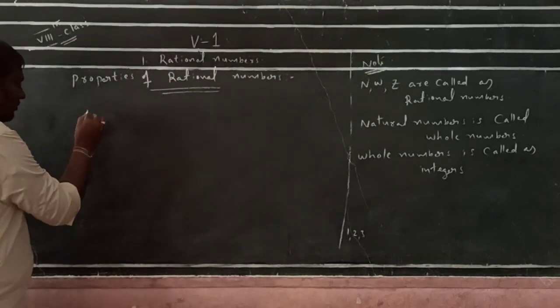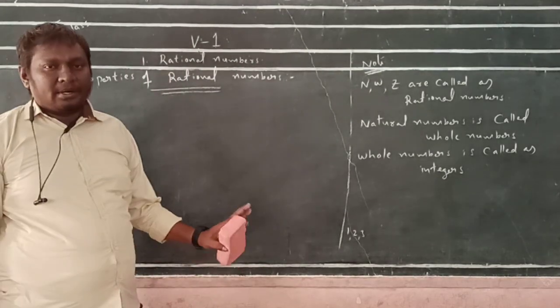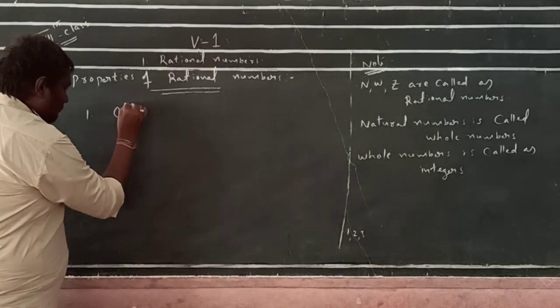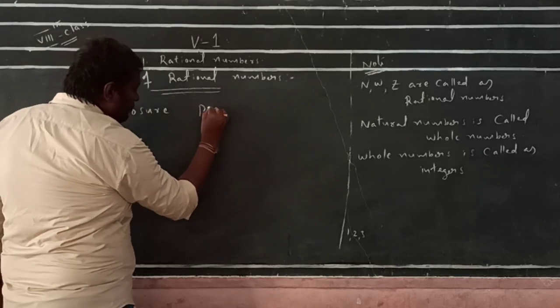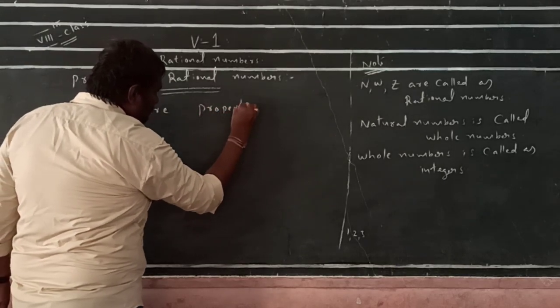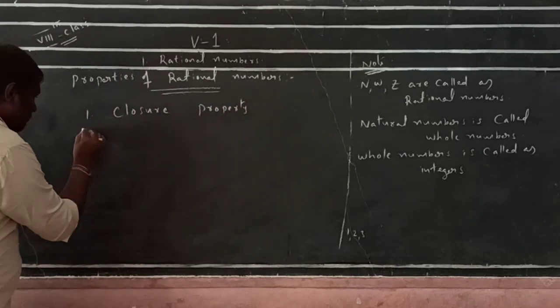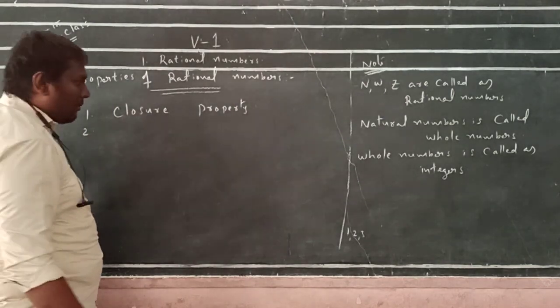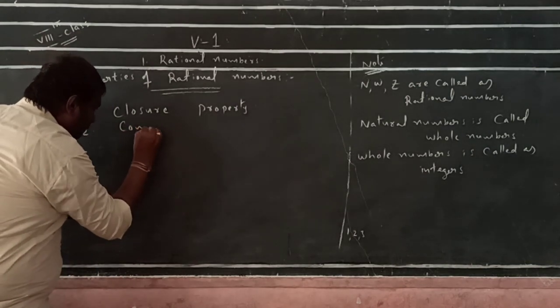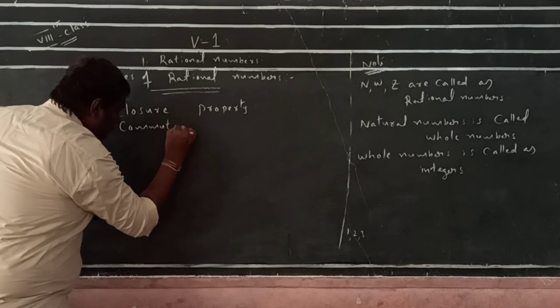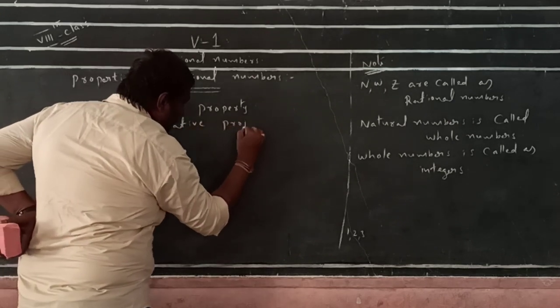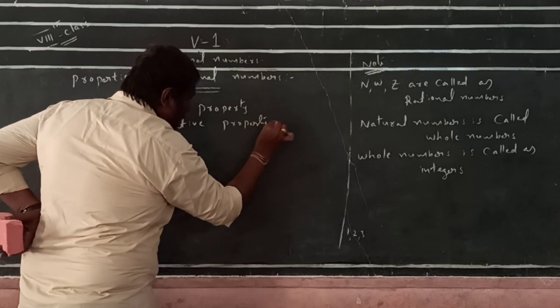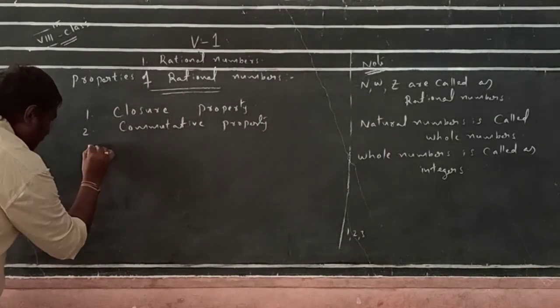First one is closure property. Next one is commutative property. Next, third one is associative property.